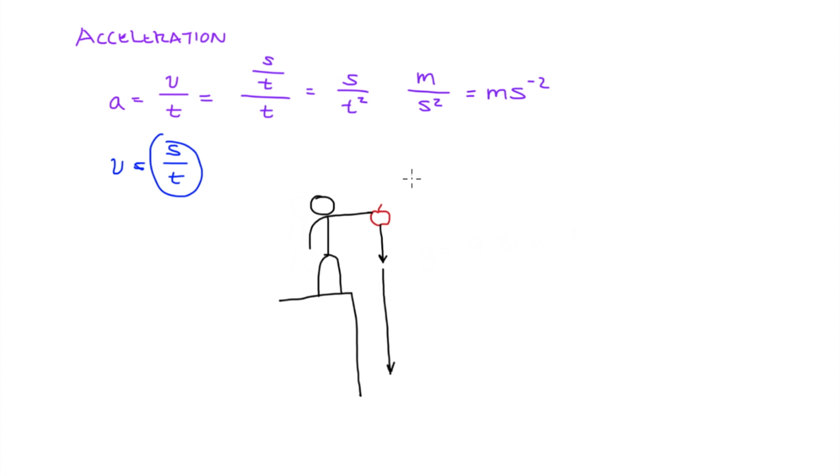And the value of this acceleration is represented by the acceleration due to gravity, which is often given as g, which equals 9.81 meters per second squared. So what this means is that the apple is increasing its velocity by 9.81 meters per second every single second.